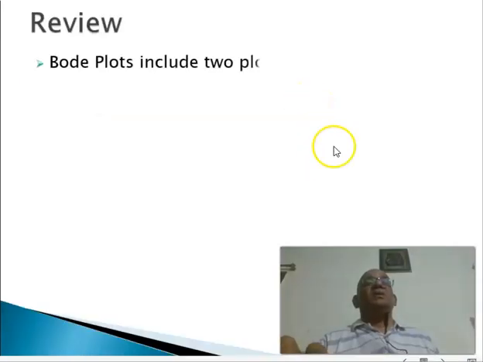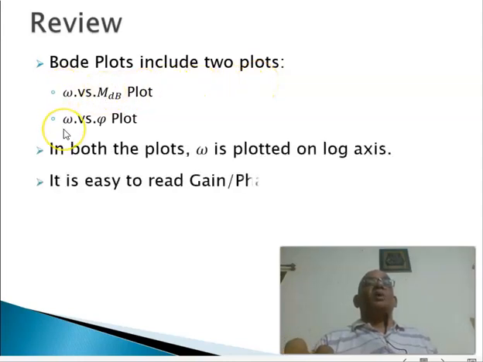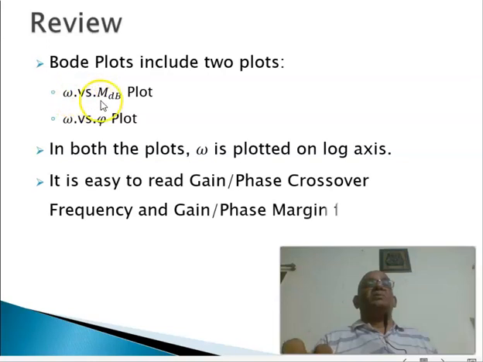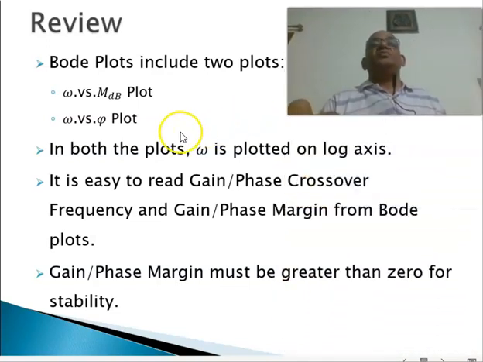We have seen that Bode plots include two plots actually drawn to a common omega axis: omega versus M in decibels plot and omega versus phase angle plot. In these two plots, omega is plotted along a log axis on semi-log graph sheet. M is in decibels and phi is in degrees.